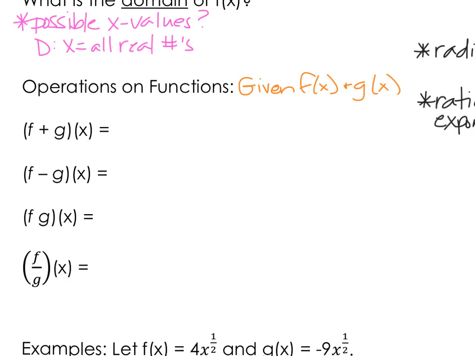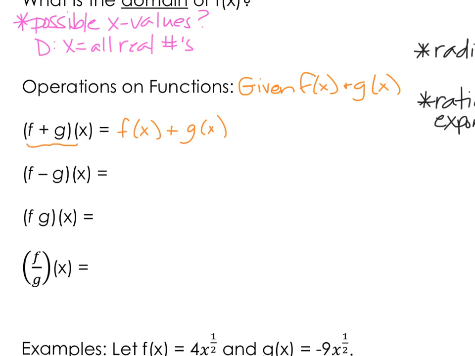Therefore, operations on functions simply means a way to write those types of operations given 2 or more different types of functions. It says given f of x and g of x, notice the notation on the left. F plus g of x simply just means you're adding 2 individual functions together. And it truly is that simple. You would just be combining like terms.